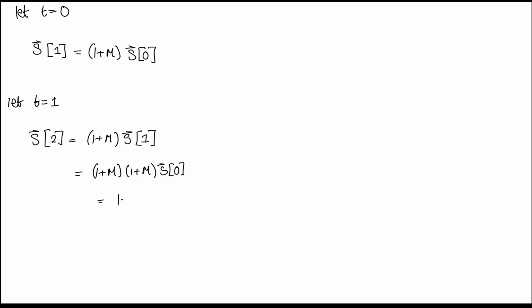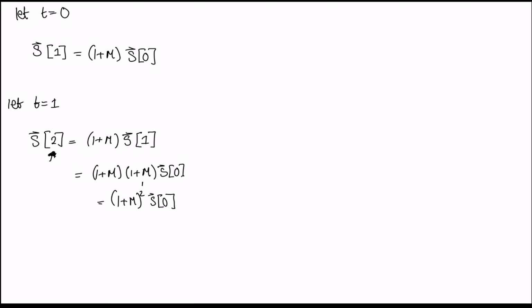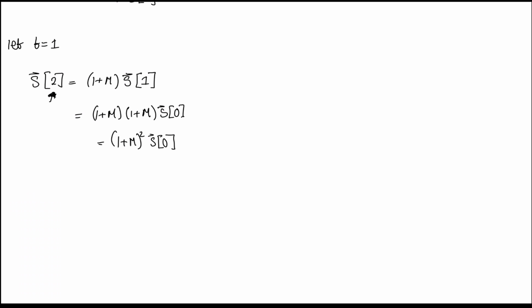So we get this, and finally we get (1 plus m) to the power of 2 delta 0. And when we sub in 2, it would be to the power of 3 and so on. So whatever this number is, it is 1 plus m to that power. So what that means is when we have t over here, we will have (1 plus m) to the power of t delta 0. Hopefully that made a bit of sense.